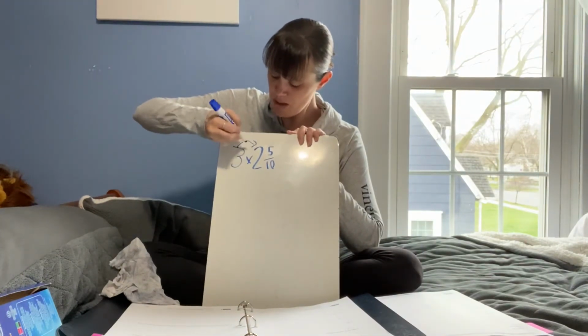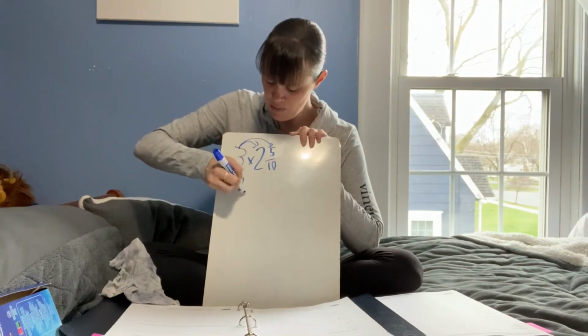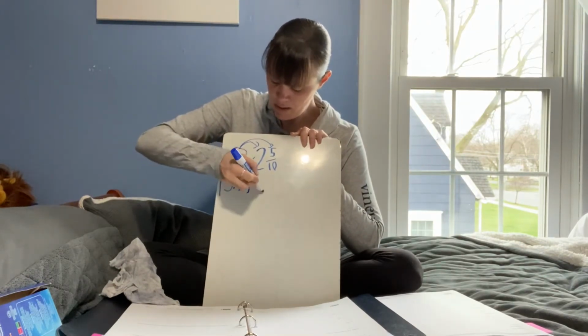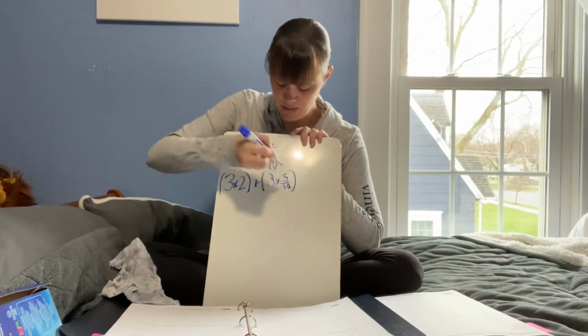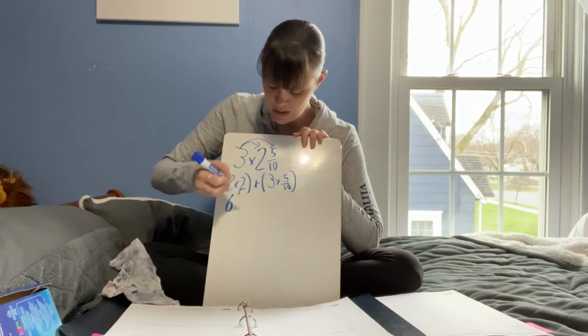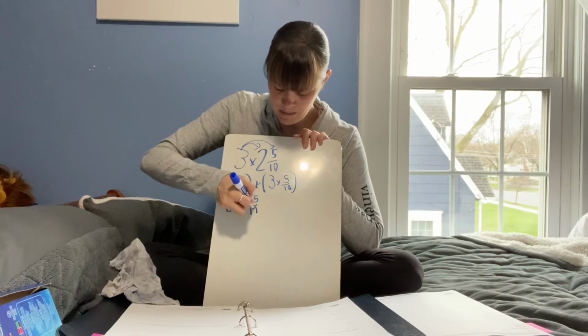We're distributing that 3 to the 2 and to the 5/10. So we have 3 times 2 plus 3 times 5/10. So that's 5/10 3 times. 3 times 2 is 6. 3 times 5 is 15 tenths.